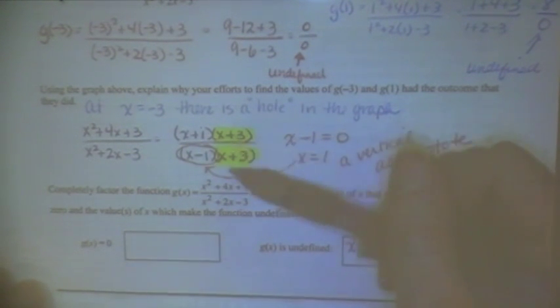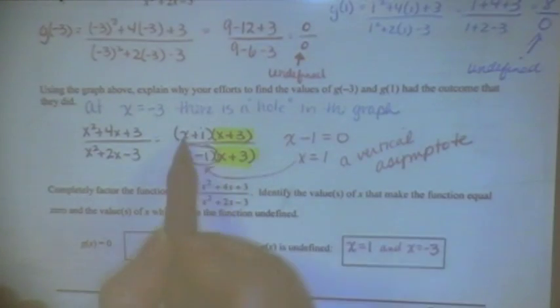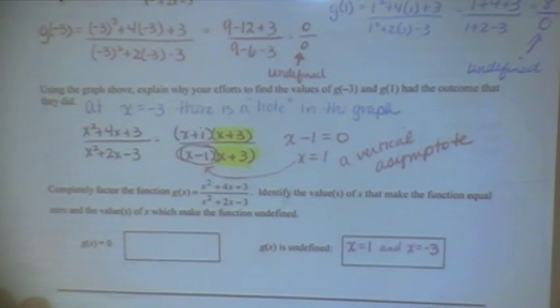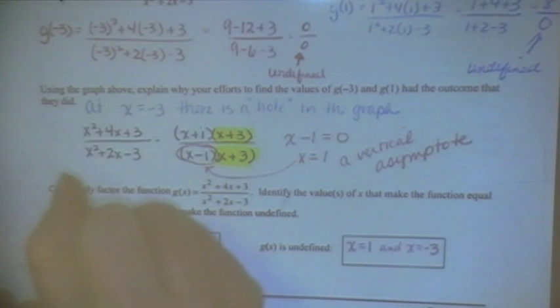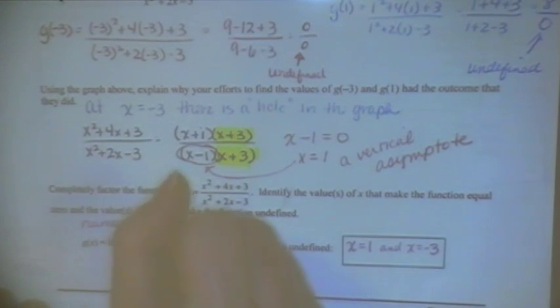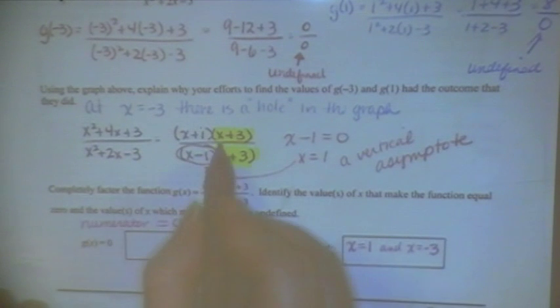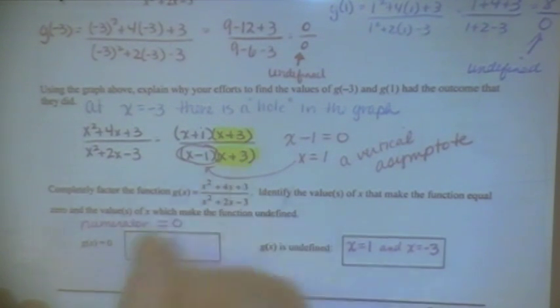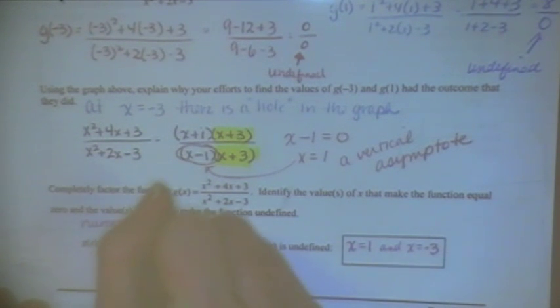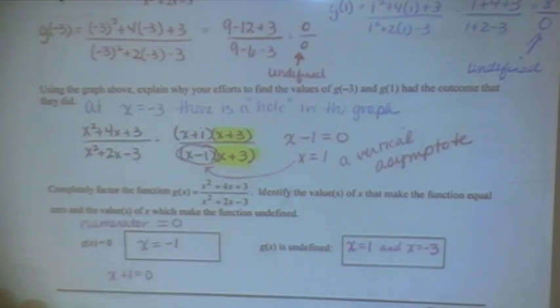We've already identified this particular piece as being a hole, which means what's remaining on top is what gives us our g of x equals 0. We want the numerator to equal 0. So because that is already taken up being a piece of the hole, I do x plus 1 equals 0, and I get x equals negative 1.